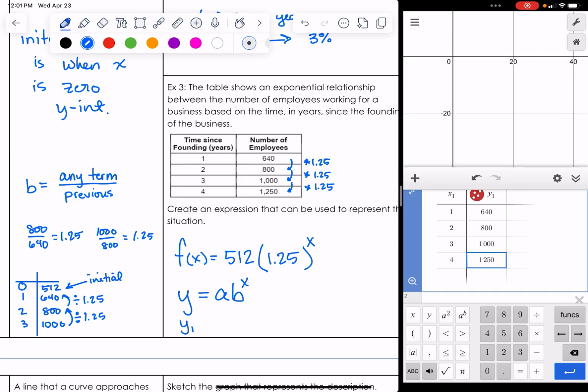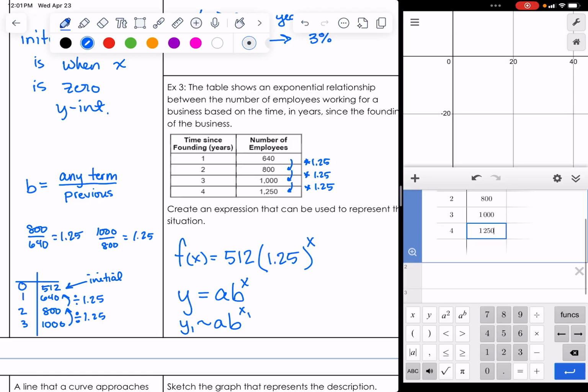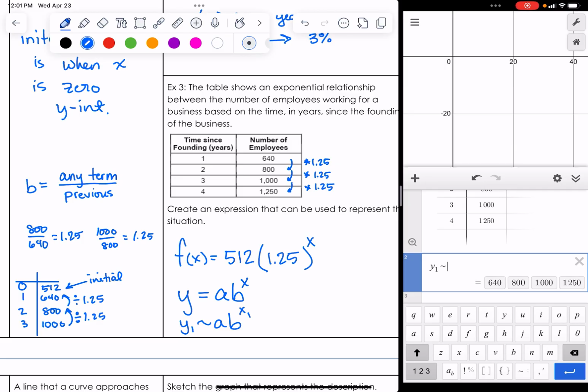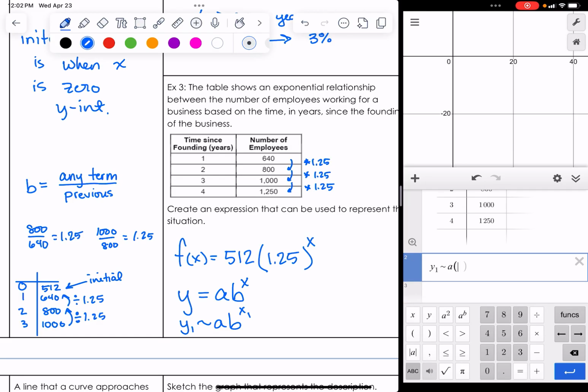We're going to do y1, and then our tilde, a, b to the x1. And what that's going to do is that's going to give us our exponential regression to tell us what our a and our b values are. So again, we're going to do y1 is approximately equal to a times b to the x1.